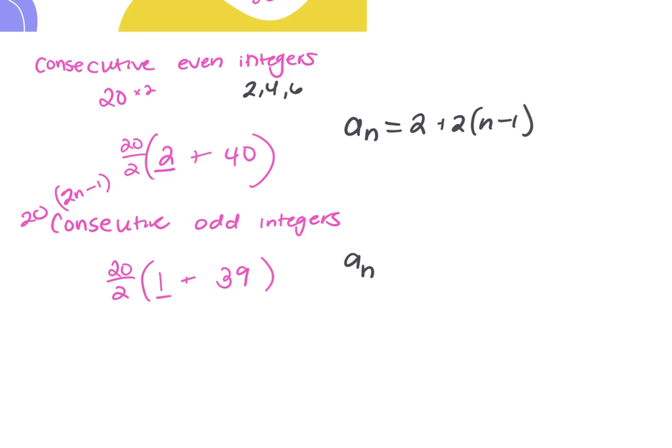For a sub n, if it's odd, what's your a1? 1. From 1 to 3 to 5, what's your d? Still 2. So you could also say, I'm going to take 20 and plug it in here, and I'd get the same answer. But I think evens are easy, just double them. Odds, double it, subtract the 1.